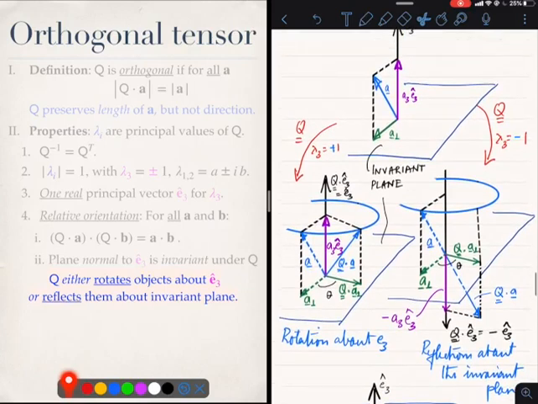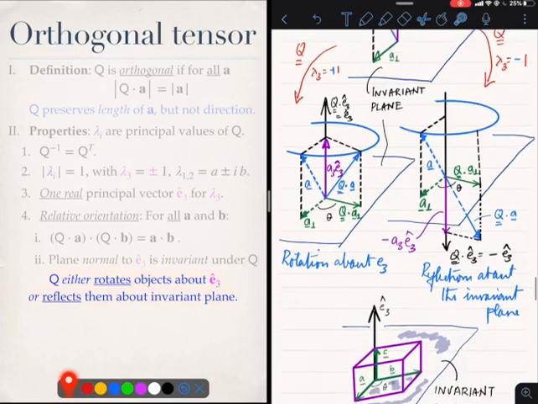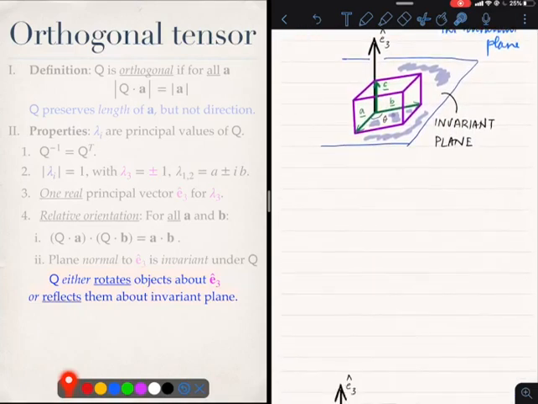Okay, all right. Now so this was about what happens to vectors. But here I have written objects. What about an object? Okay, so let's consider this picture over here. I have here a box, right?